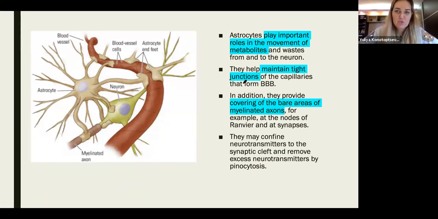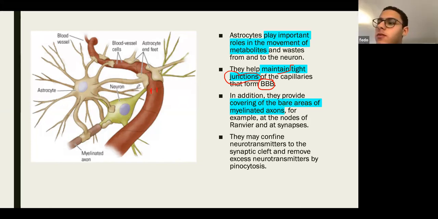How exactly do astrocytes create the blood-brain barrier? The foot processes of the astrocytes, as you can see, are landing on the wall of a blood vessel. This induces formation of a tight junction. The only reason for a tight junction to be here is because it is induced by the foot process of the astrocyte.